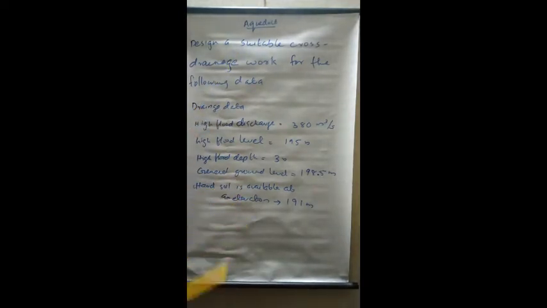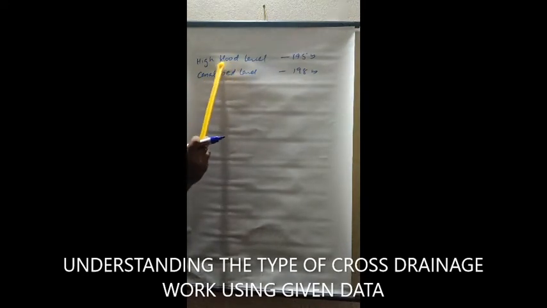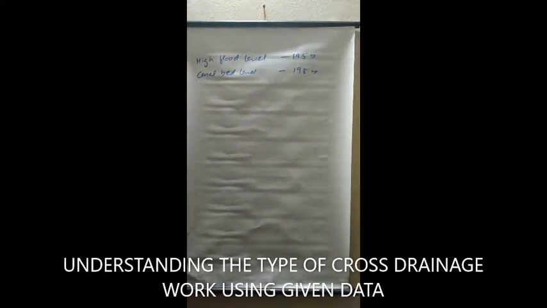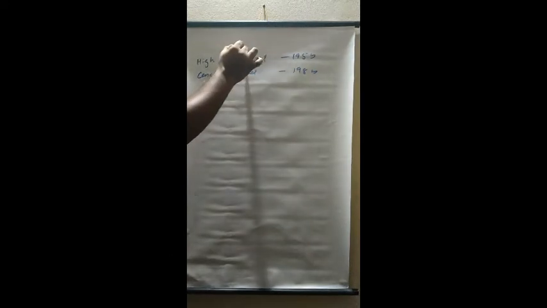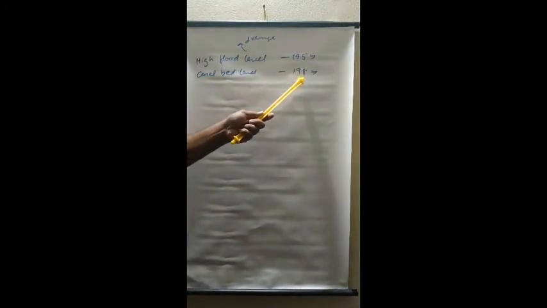So the first step we have to do is to find whether it is an aqueduct or a siphon aqueduct or whatever it may be. In this question it is given that the high flood level is equal to 195 meter. High flood level is for the drainage, and canal bed level is equal to 198 meter.